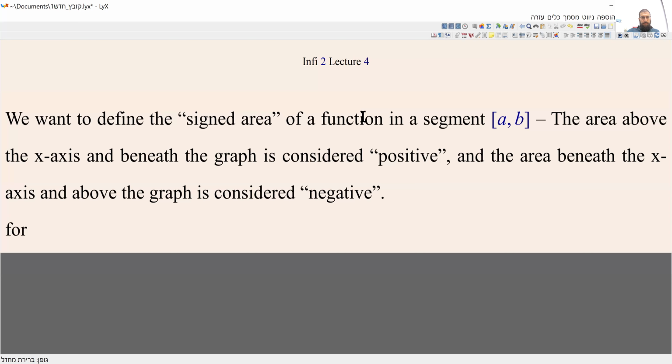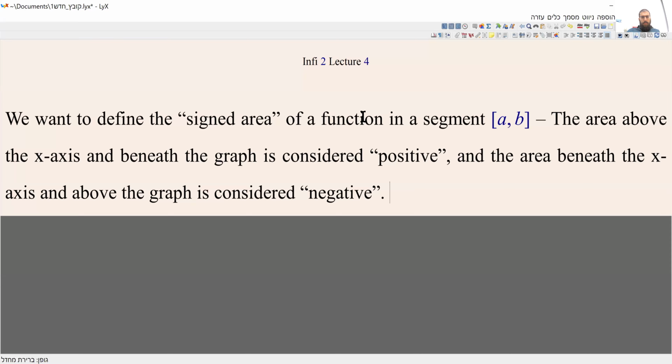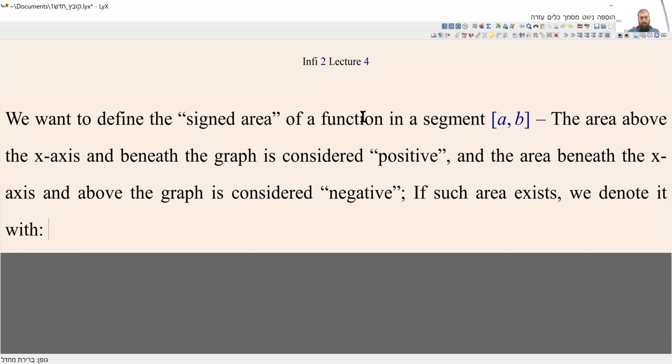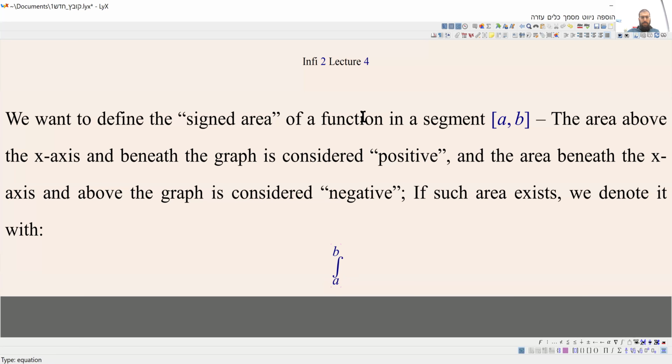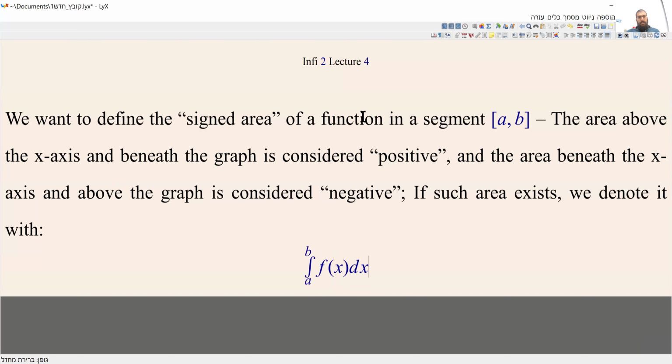If such an area exists, we denote it with the integral from a to b of f(x) dx.